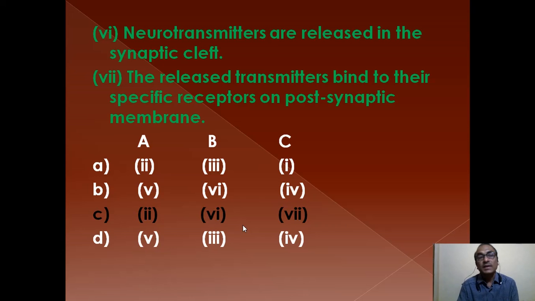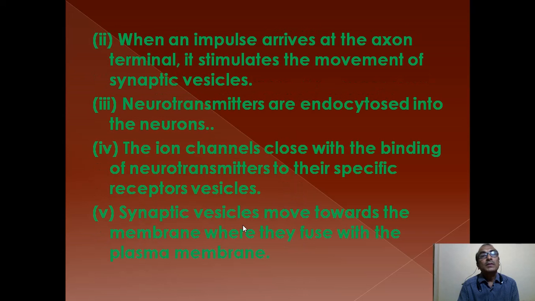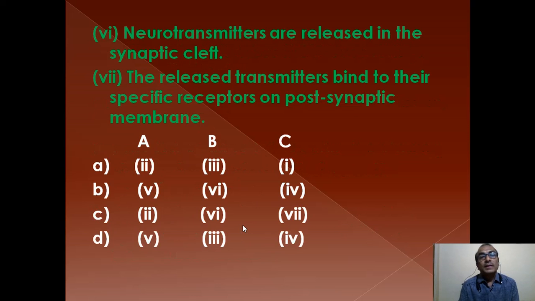Let's see statement number 2. When an impulse arrives at the axon terminal, it stimulates the movement of synaptic vesicles. Correct? That is, A is labeling the synaptic vesicle. And then 6, that is, neurotransmitters are released in the synaptic cleft. That's also true.